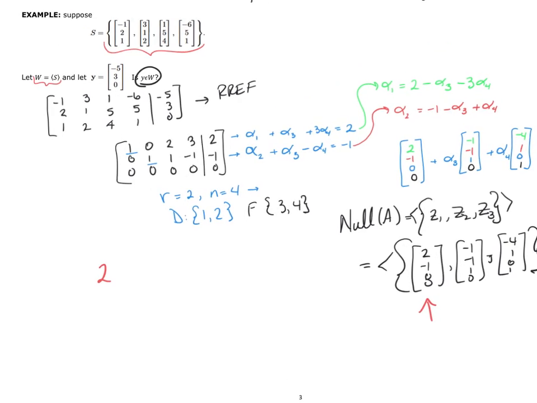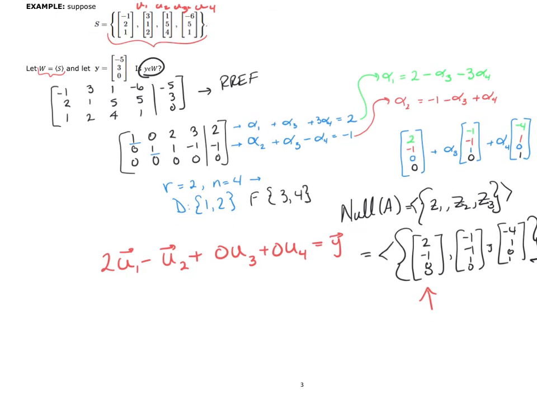I'm going to call each one of these vectors U1, U2, U3, and U4. So I can do 2 times vector U1 minus U2, and then plus 0 U3 plus 0 U4, and this is going to give me one of the ways in which I can find my y vector.